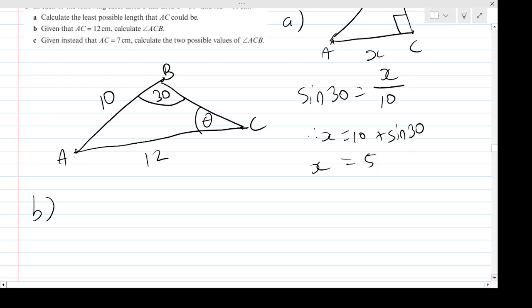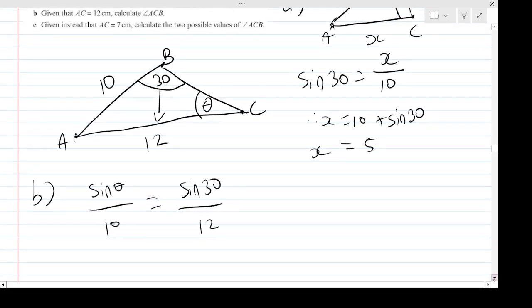So it's going to be the sine rule in this case. The angle facing this theta is 10. So we can say sine theta over 10, using the sine rule, is going to equal this other angle 30, facing the side 12, so it'll be over 12.